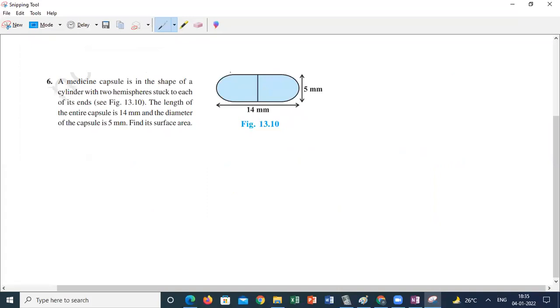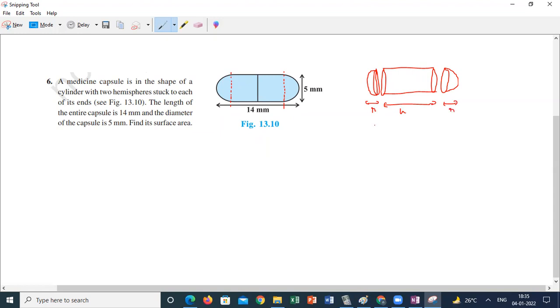See, if I look at it separately, it is like this: two hemispheres bounded with a cylinder. First, if I take the cylinder capsule, to complete this shape I have to put one hemisphere here of the diameter of the cylinder, and another hemisphere of the same diameter. So this is R, this is the height of the cylinder, and this is the radius.